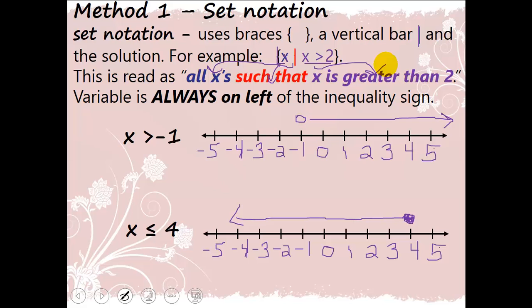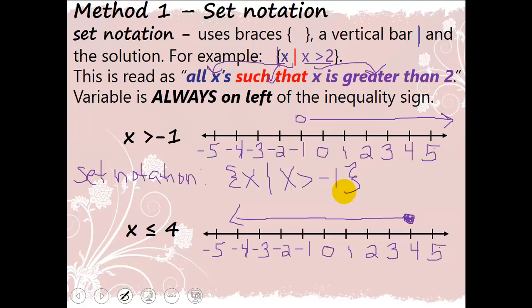So if I wanted to take this solution and write it in set notation, I'm going to do brace all x's, so there's an x, vertical bar such that x is greater than -1. That's set notation.